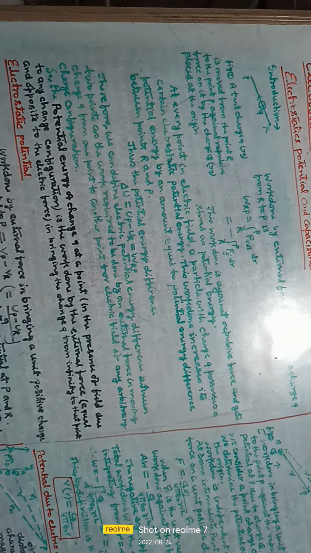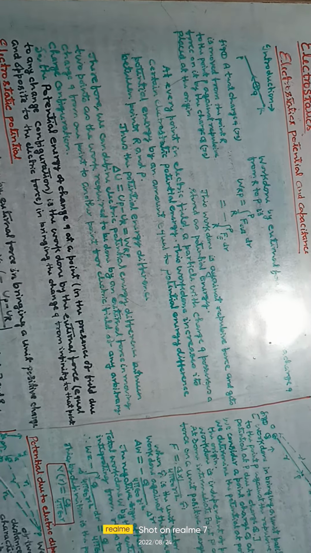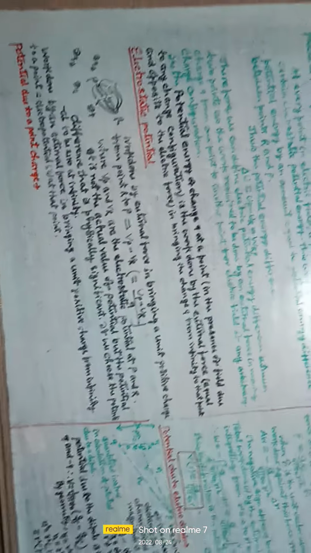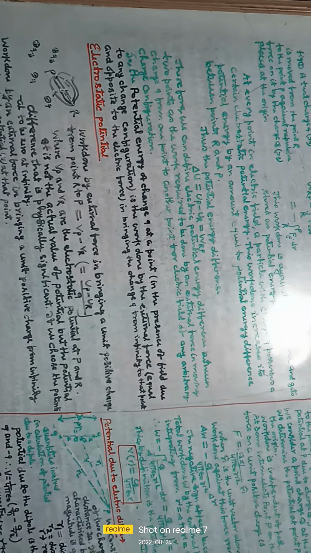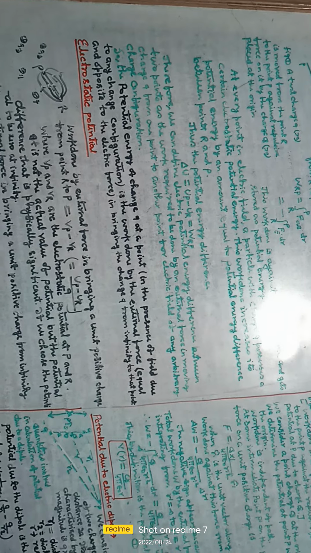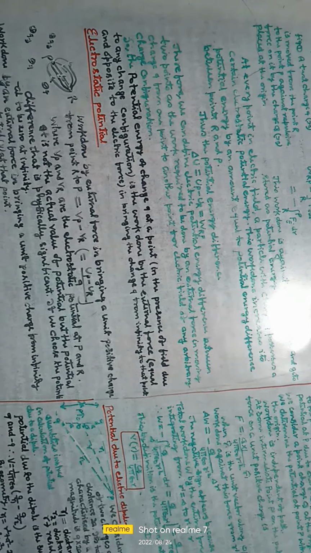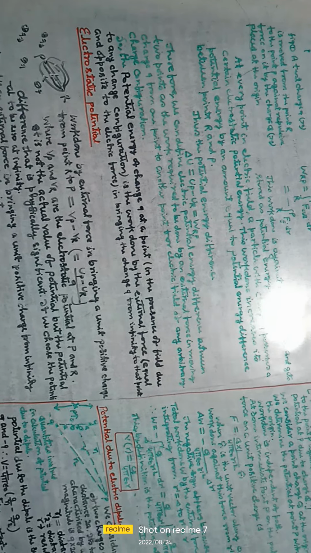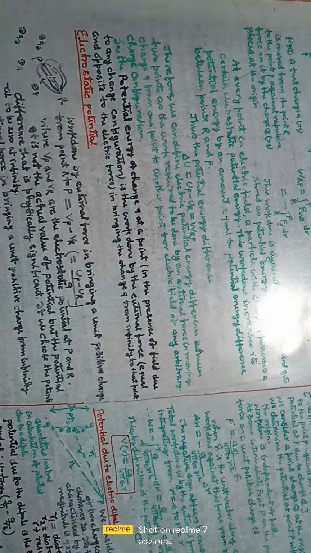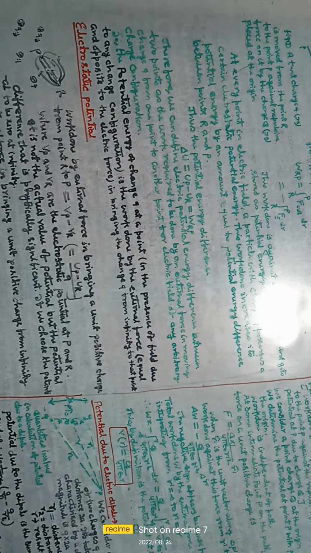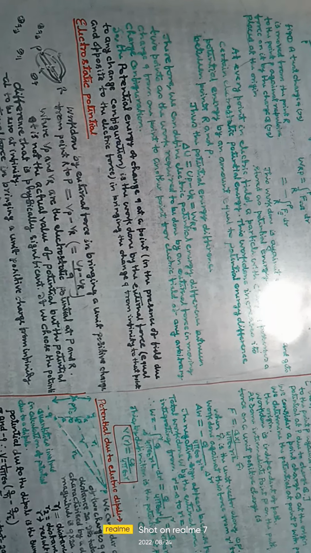Now the electrostatic potential: work done by an external force in bringing a unit positive charge from point R to P is V_P minus V_R, or (U_P minus U_R) by Q, where V_P and V_R are the electrostatic potentials at P and R. It is not the actual value of potential but the potential difference that is physically significant.